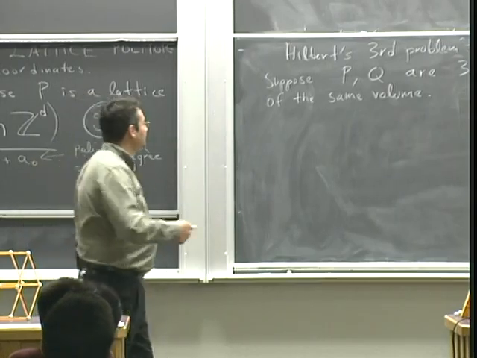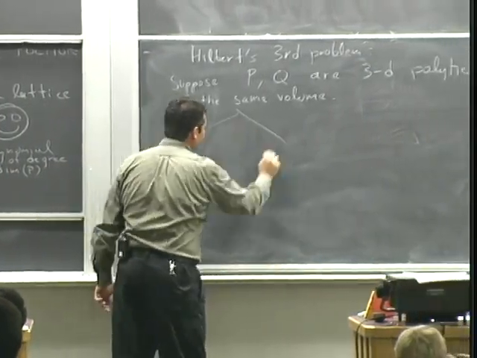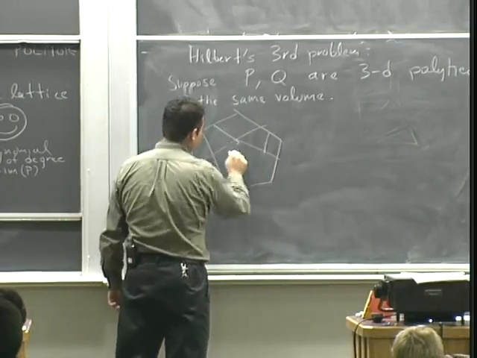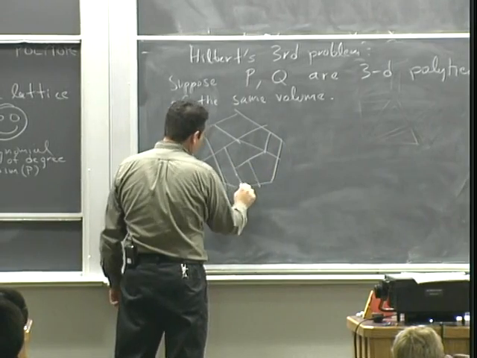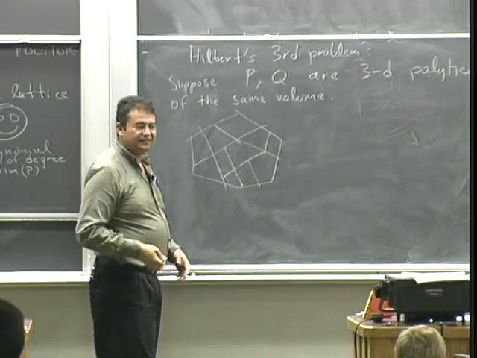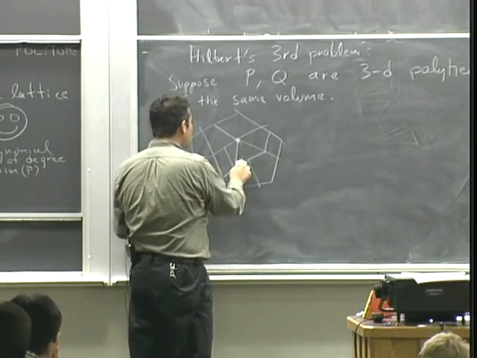So suppose this is P, and then I cut it like this. In fact, you can think of this as a triangulation, without loss of generality. So you triangulate it in some way by adding enough points.